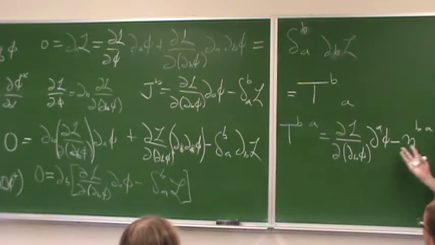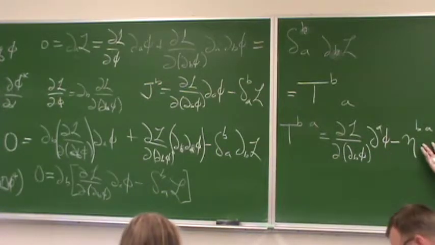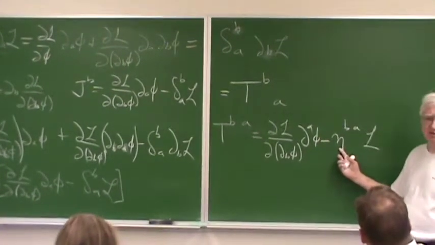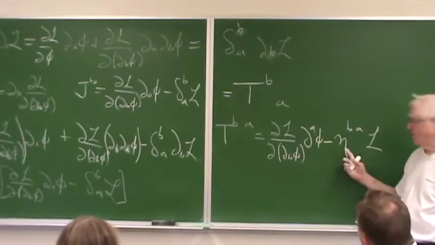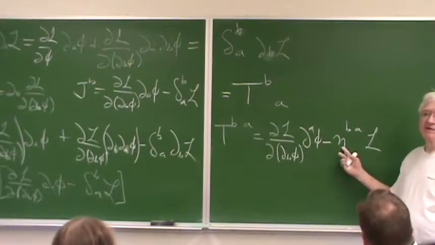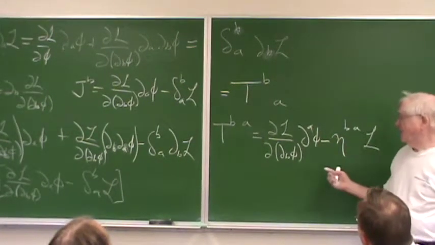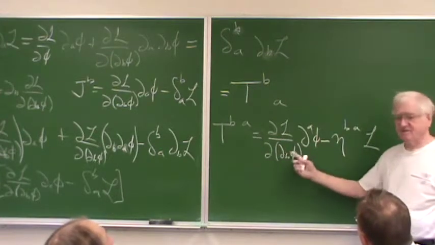This thing, obviously the second part is symmetric because you interchange B and A. Eta is what Schwartz uses, G4 or G0. It's just 1, minus 1, minus 1, minus 1. But this part isn't guaranteed to be symmetric.